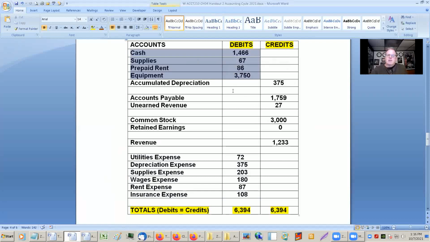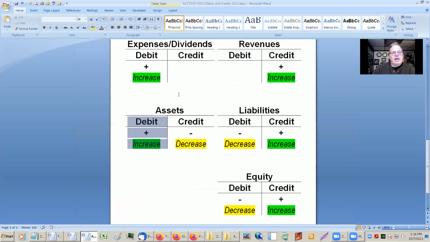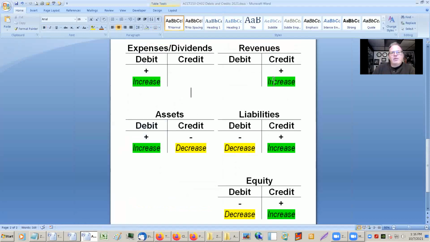Why? Well, you could have zero equipment, but you couldn't have negative equipment at the end of the period, right? You couldn't have negative 500 equipment. So generally speaking, wherever there's a plus, unless it's a contra account, that's the normal balance. That's what you'd expect to have.